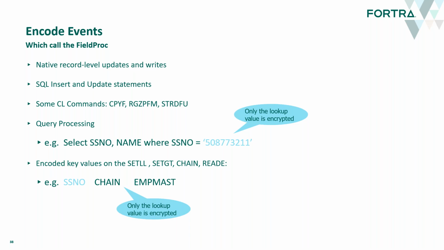Any query processing is going to trigger the encode events as well. So there are definitely some areas where those field procedures are going to trigger that encryption when that data is added.